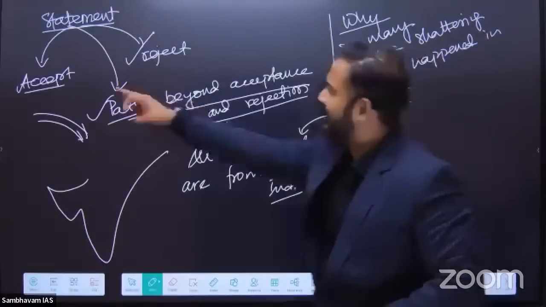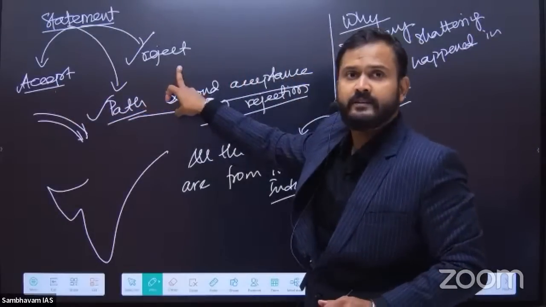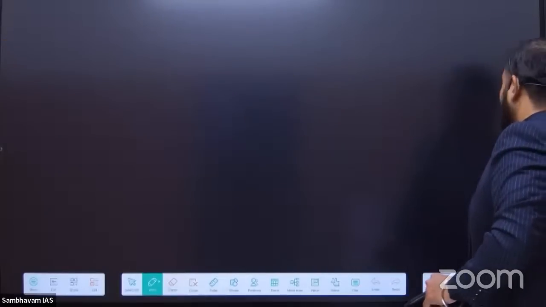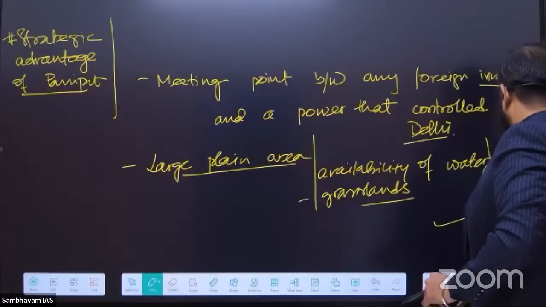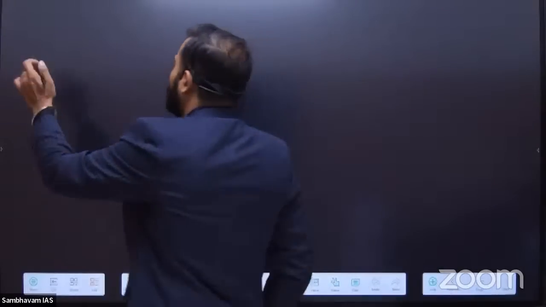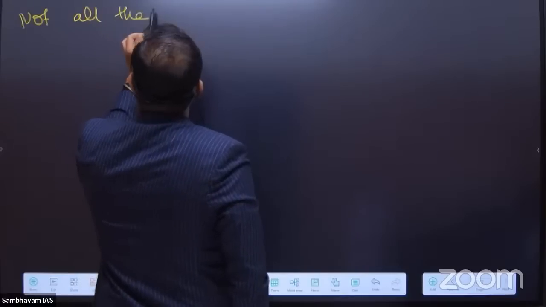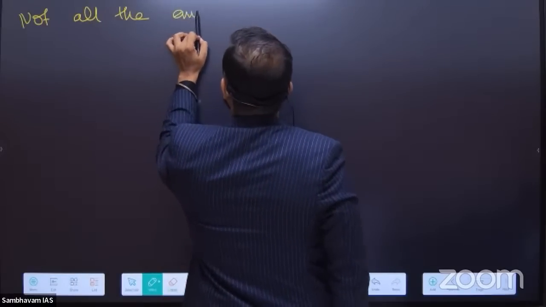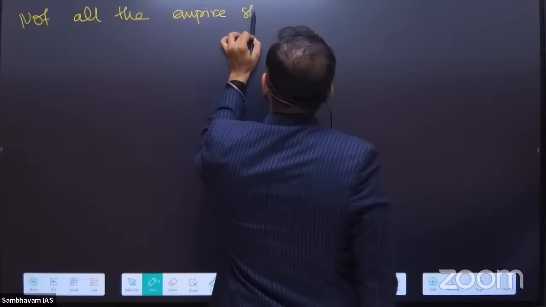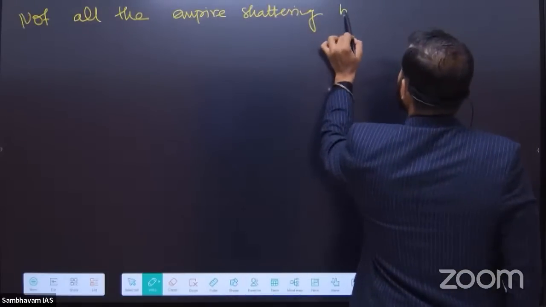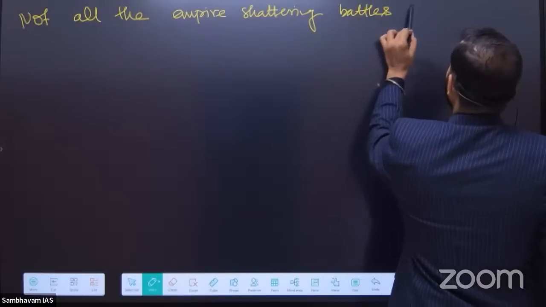What did I say? You will accept and maybe you will reject. That means you can simply argue that not all the empire shattering battles happened in Panipat. You can add this point.